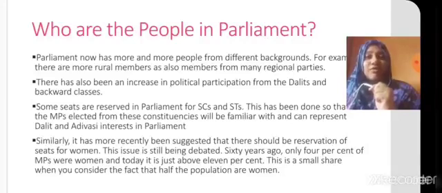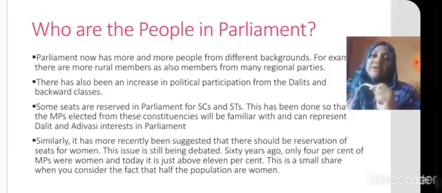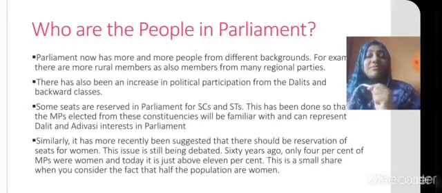But 60 years ago we had only 4% of seats, and today we have more than 11%. So we women have been fighting for more and more seats in the Parliament, and someday it will definitely succeed. This is a small share when you consider that half the population of the country belongs to women. But still we need to fight for our seats and for our rights in the country.